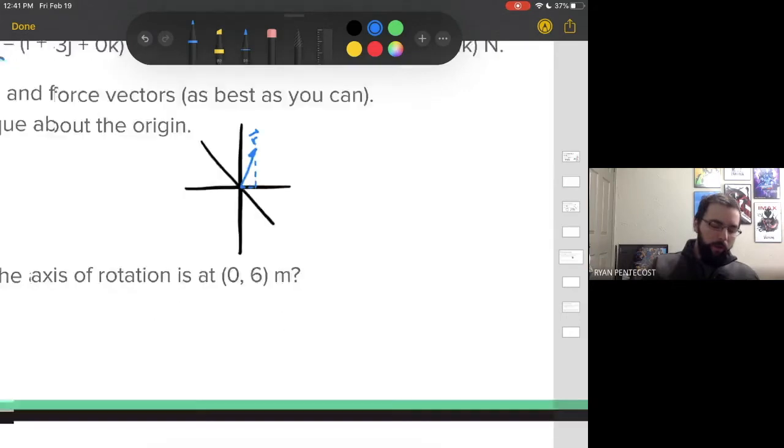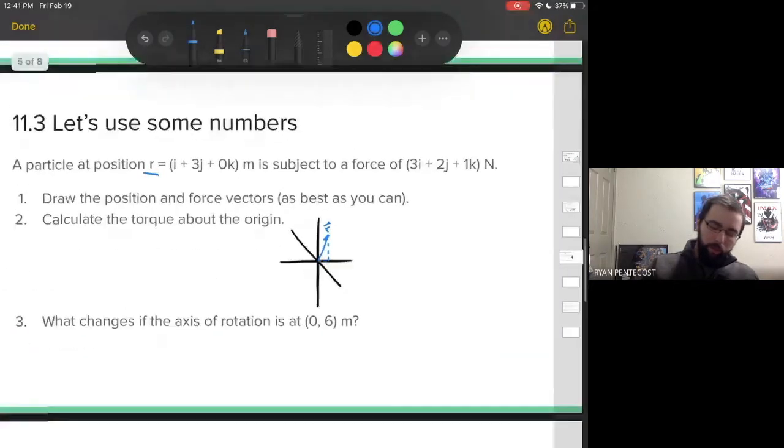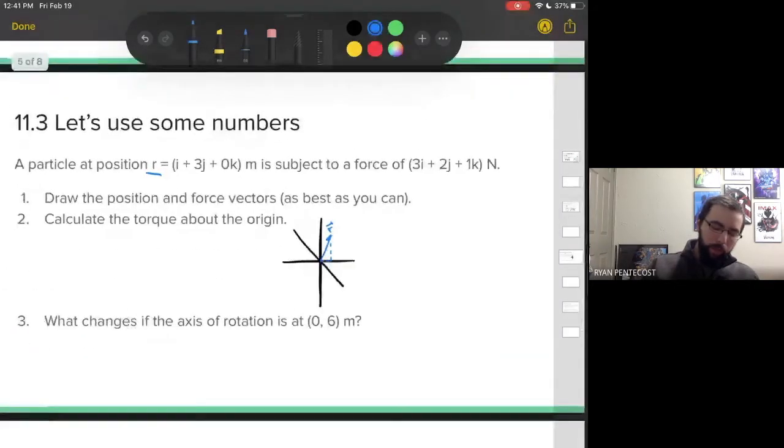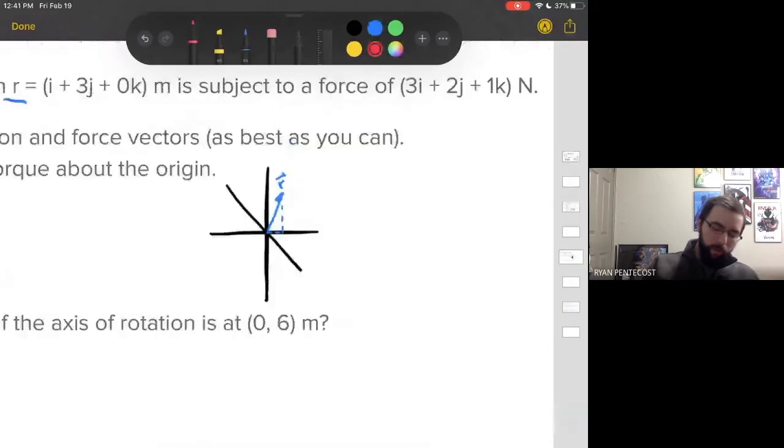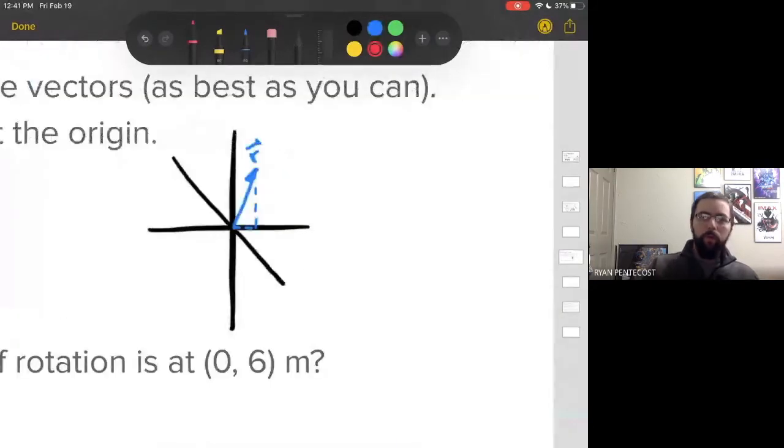Now our F has a k component. You have 3i plus 2j plus 1k. So here I will use red for force. We have 3i. So 1, 2, 3. 2j, right? We'll call that 2j.